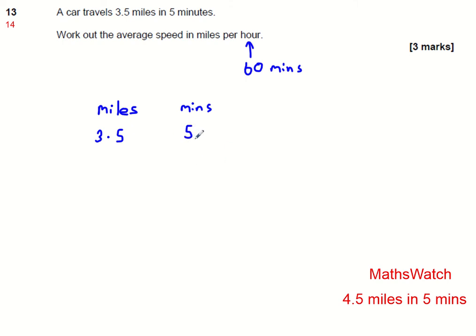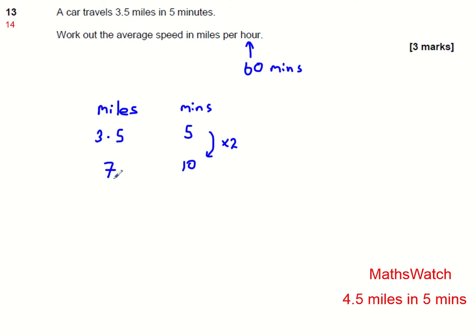And we just need to scale this up. So instead of it being worth 5 minutes, we need to scale it up to 60. You can do that in one step. That 5 times 12 is 60. I'm going to do it in 2 just to make it a little bit easier. So if we do 3.5 miles in 5 minutes, if I double the amount of time, so from 5 minutes up to 10 minutes, it means we will double the amount of distance travelled. 3.5 times 2 is 7.